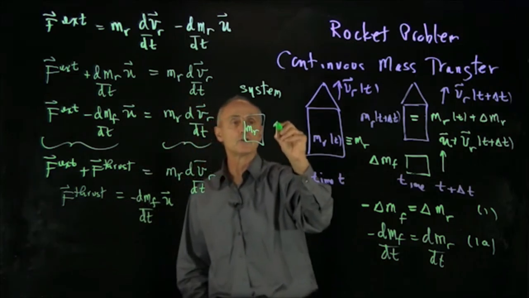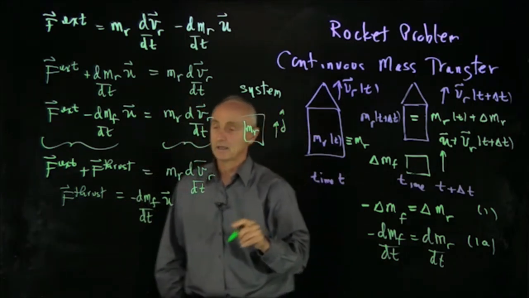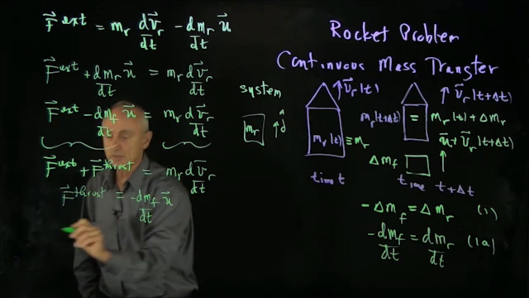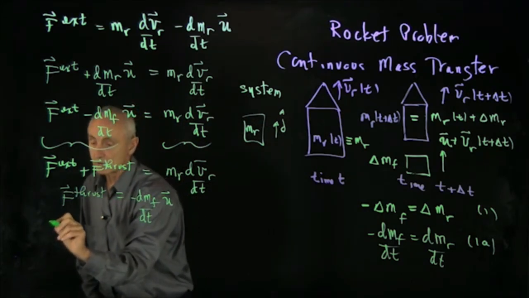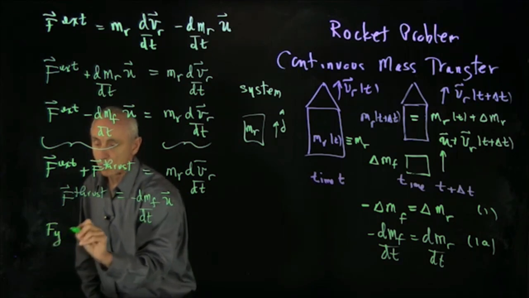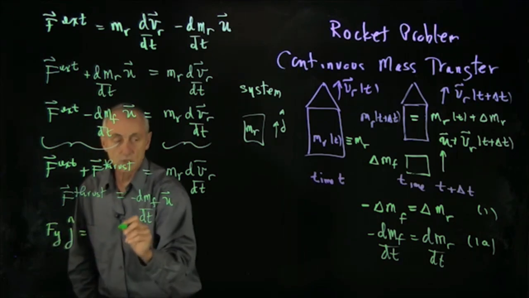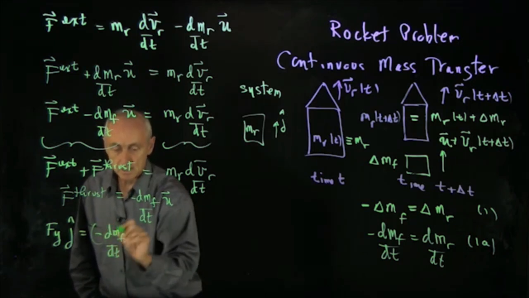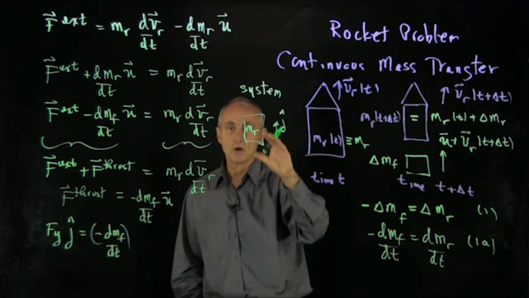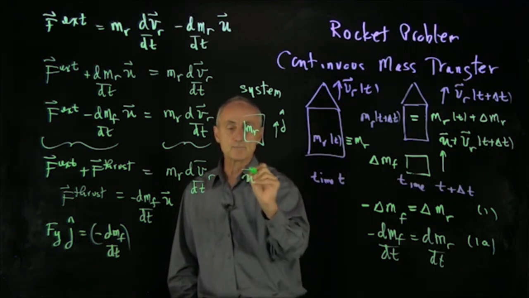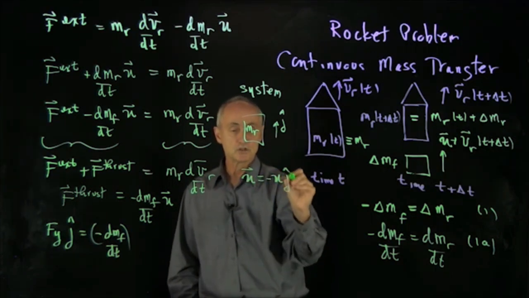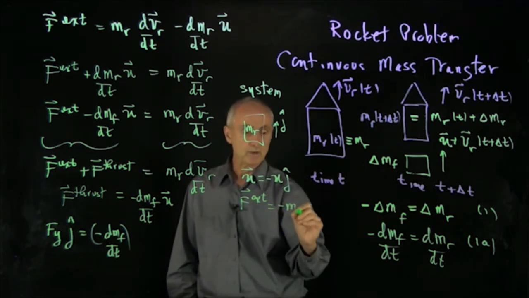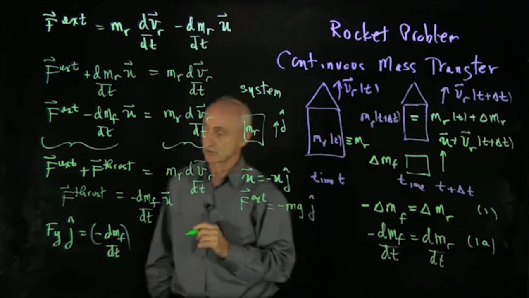Now, again, if I chose j hat up, let's just look at this in components. Then our thrust as a vector, we'll write it as a y component, is equal to minus dm_fuel/dt. Now, what is that relative speed? Well, the fuel is being ejected backwards, so that's minus u j hat. The external force, by the way, would be minus mg j hat if it's near the surface of the Earth.